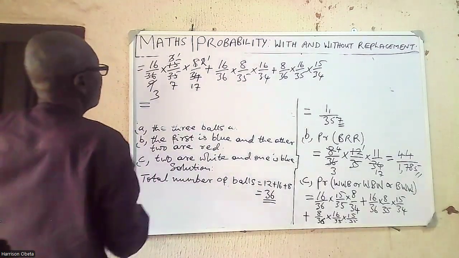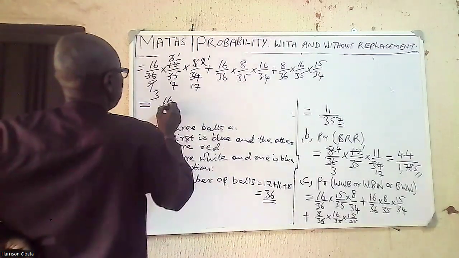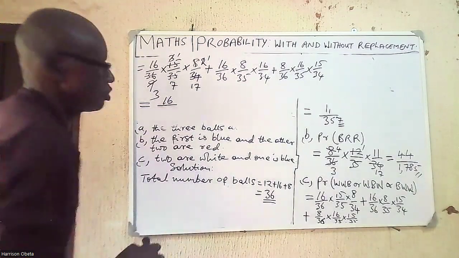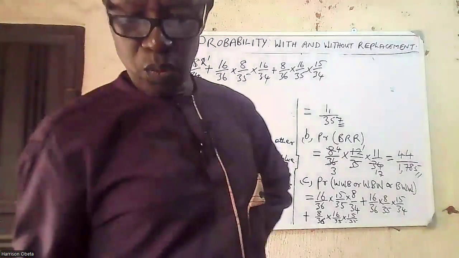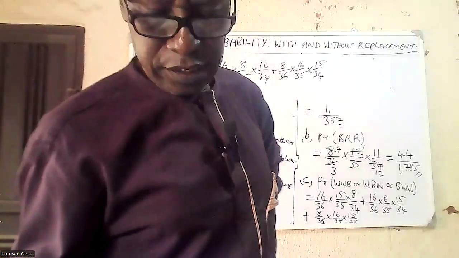Without wasting time, that will give us 16 all over 21 times 17, which is 357.